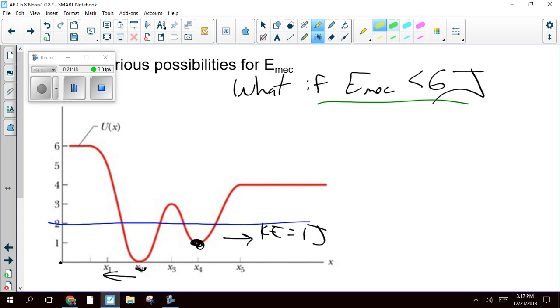So all that would happen is the object would start here with a joule of kinetic and a joule of potential. As you go this way, your potential energy increases and you lose kinetic, but remember, you can't go above your total energy line, right? So once again, you get a turning point, and it would oscillate back and forth in this little bowl here, right? But it can never go above that total energy line, because you can't have more energy than that. All right?